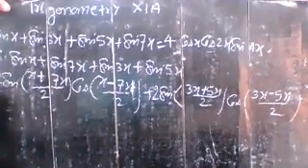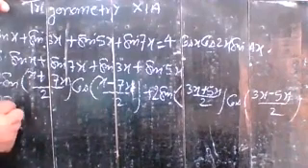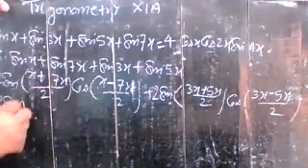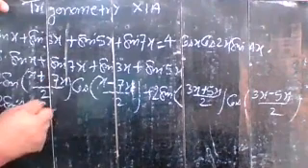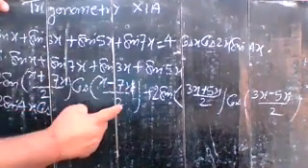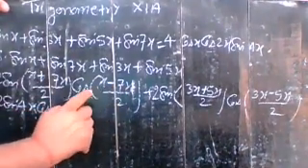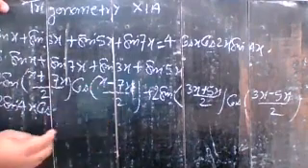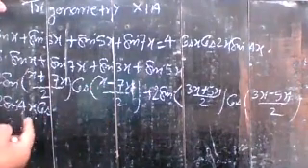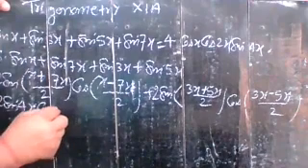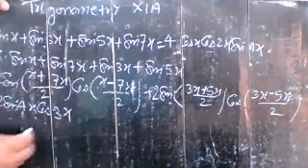Now simplifying it. So here you have 2 sine 8x by 2, means 4x. Here you have cos of minus 6x by 2, that is cos of minus 3x, and you know cos of minus x is equal to cos x. So here you can write cos 3x.